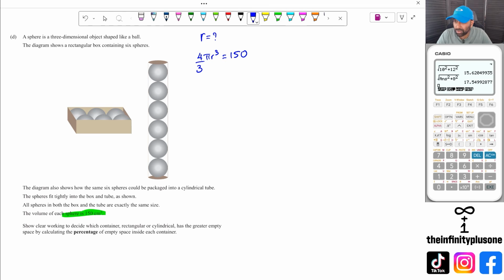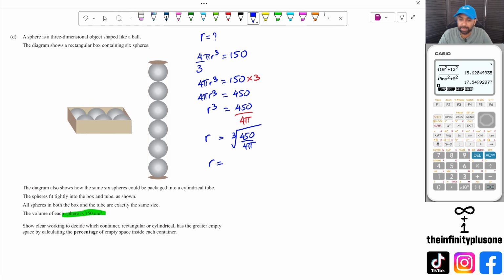At this point, we've got to do some rearrangement, one step at a time. 4 pi r cubed equals 150 multiplied by 3, so 4 pi r cubed is equal to 450. Then r cubed equals 450 divided by 4 pi, and then r is equal to the third root of 450 divided by 4 pi.